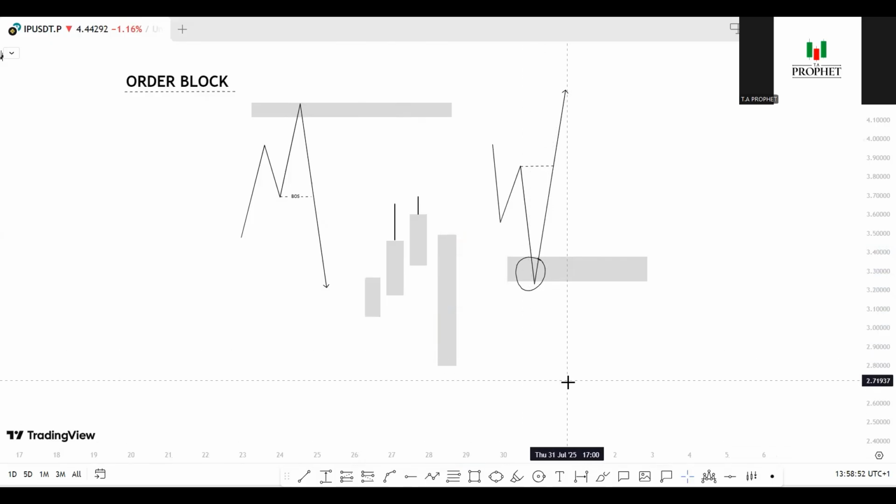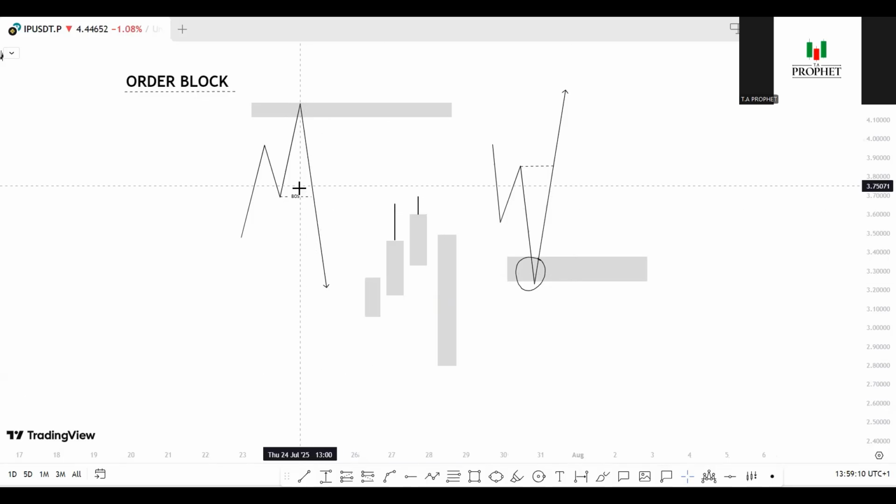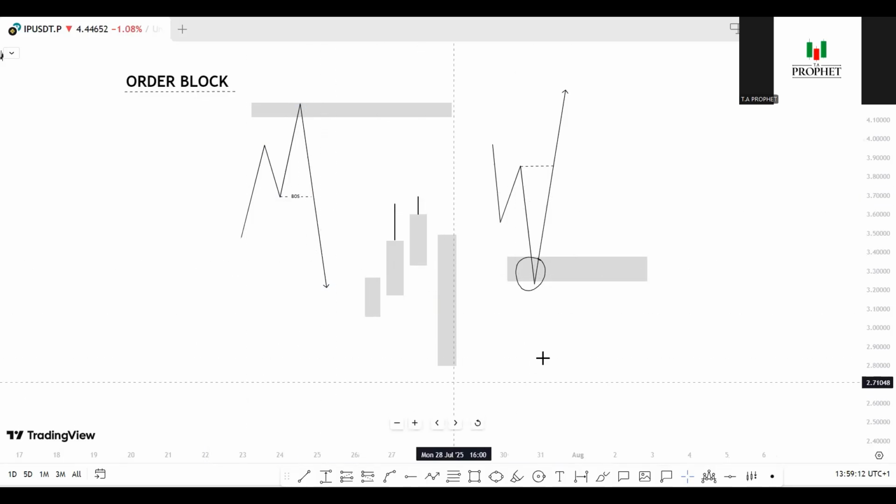Now remember, I was talking about something just now. I said one of the attributes is that before you can say that candle is an order block, the impulsive movement after that candle must break structure, like what we explained here. It must have a liquidity sweep, it must sweep the previous candle high.